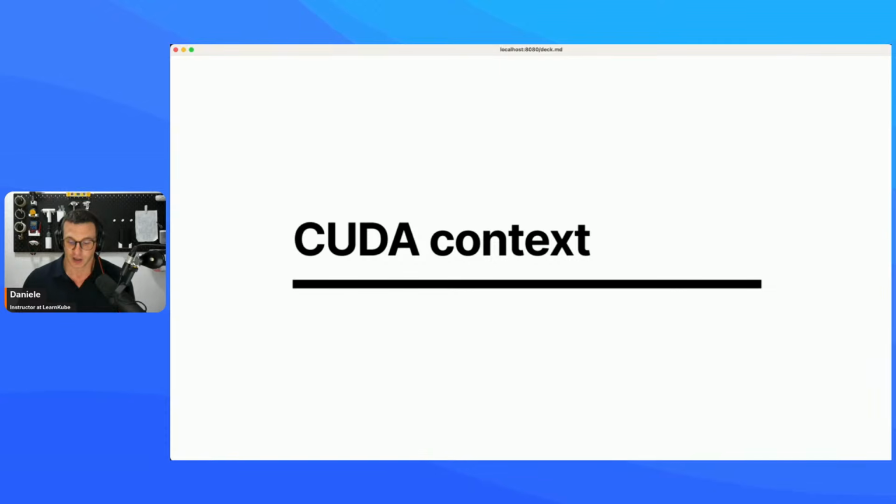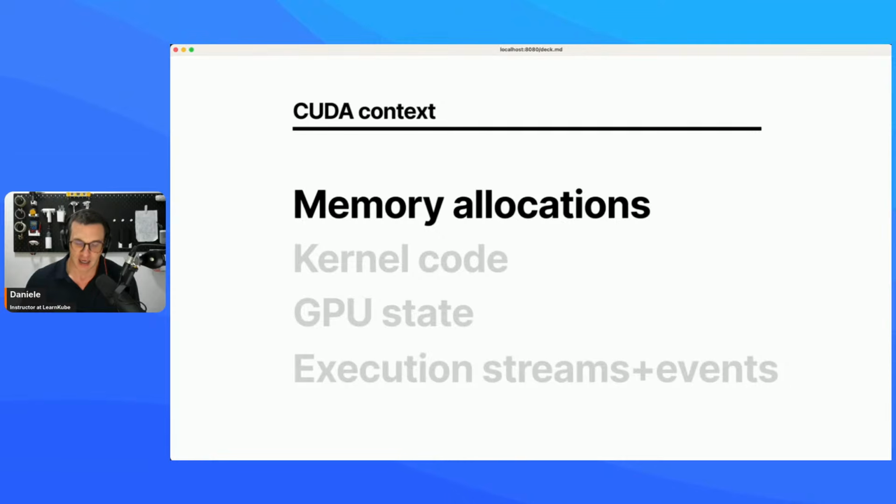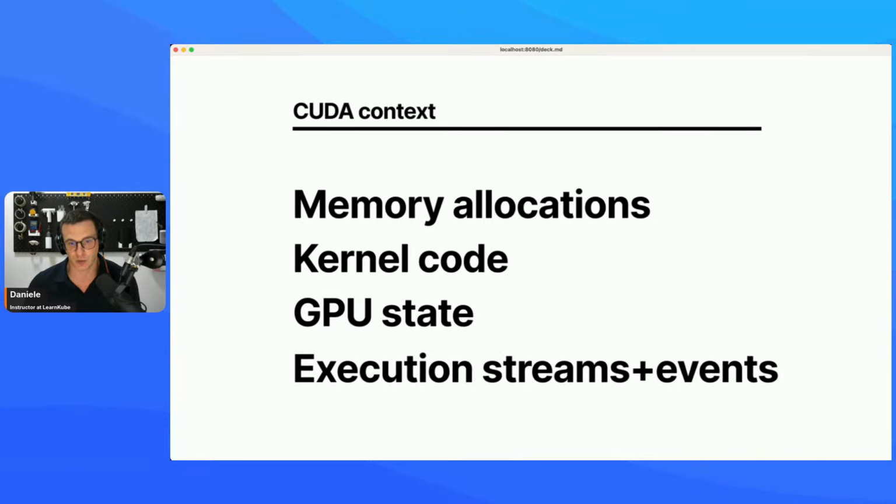Now, this is just one part of it. So we talked about GPU, we talked about transferring memory, and actually the code that gets executed in the GPU. So we saw these multiplications and additions and things such as the state for the GPU and a bunch of other things are actually all wrapped into what we call a CUDA context.